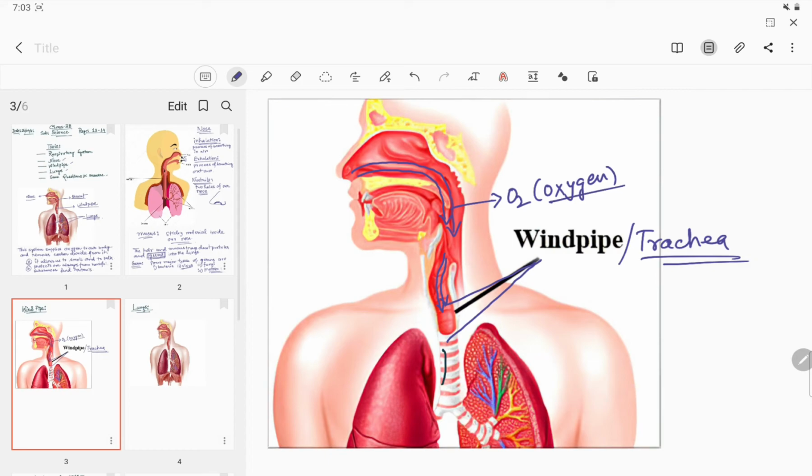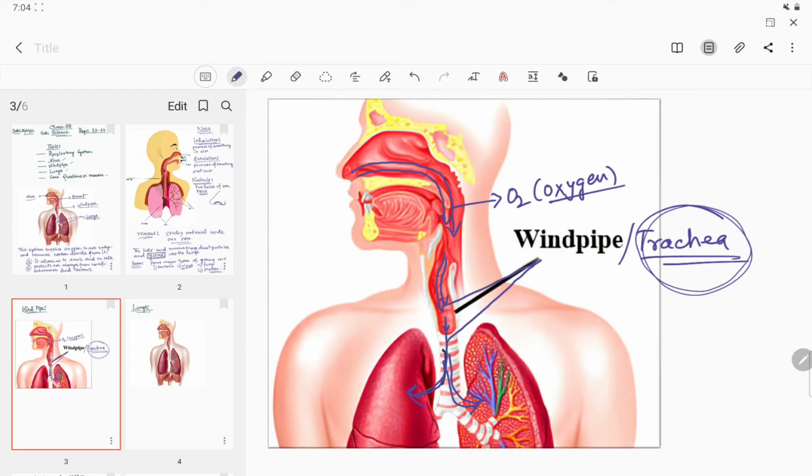Oxygen comes from the nose and goes down this way. It's called the trachea or windpipe. So it is an air passage in the body that carries air from the nose to the lungs. It is connected to the lungs. This air is going to our lungs. Windpipe is also called trachea.